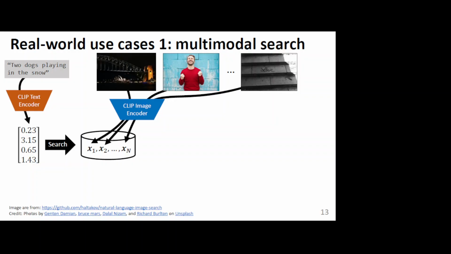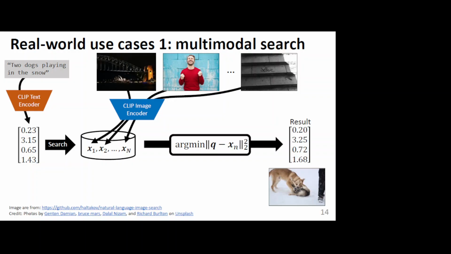Then we search in the image database. Remember, in CLIP, based on these two pre-trained models, the text and image spaces are already aligned, so they can search in the same space, and the distance measures are meaningful.